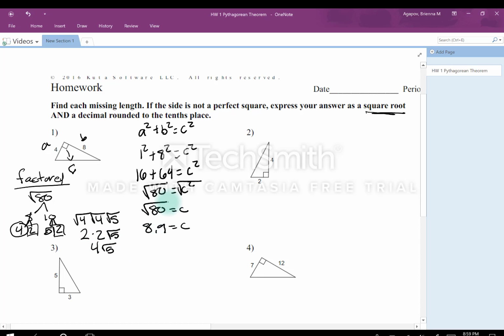So this would be the factored answer of C. What I'm saying is that all of these answers right here are equivalent. They are equal to each other. And I made a mistake right here. Because the decimal is an approximation, because it's an irrational number, we cannot use an equal sign when we do decimals. So these are all the possible answers and forms, and they are equal to each other.